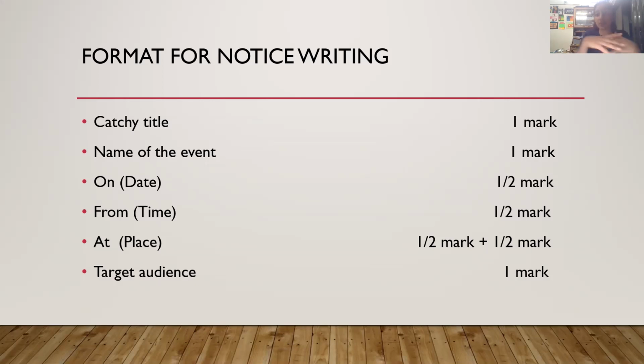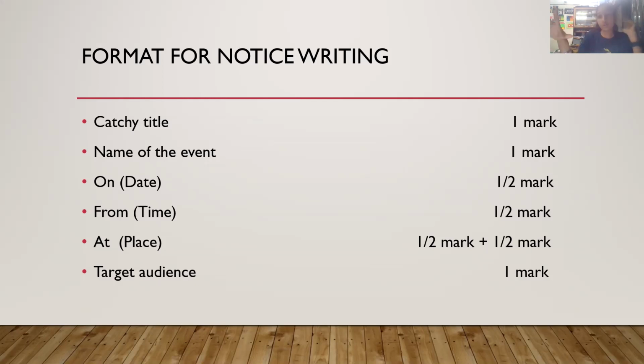So it should definitely match what the event is all about. The title should be catchy, attractive and amazing, but it should also relate to the event.